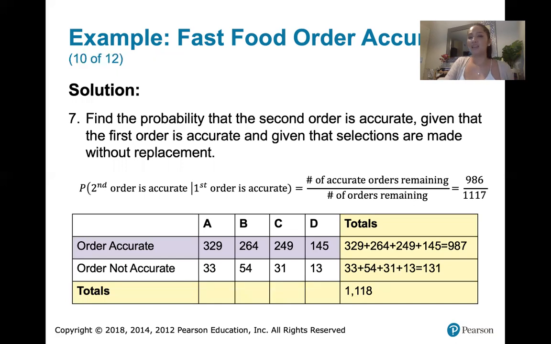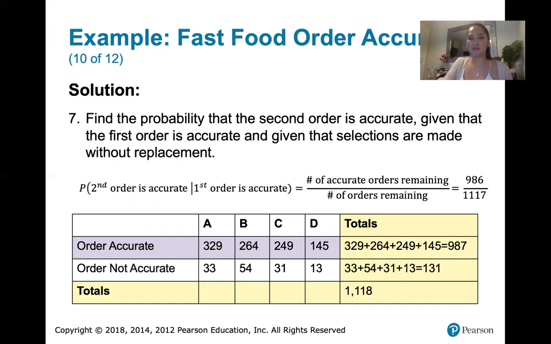Well, you're just going to take the number of accurate orders that are left. We used to have 987, now we're going to have 986, and you divide by the total number of orders remaining. There were 1,118 orders, now there are 1,117 orders. Notice that the number of accurate orders goes down by 1 because we already pulled an accurate order out of the hat, and the number of orders goes down by 1 because we pulled an order out and we didn't put it back in.